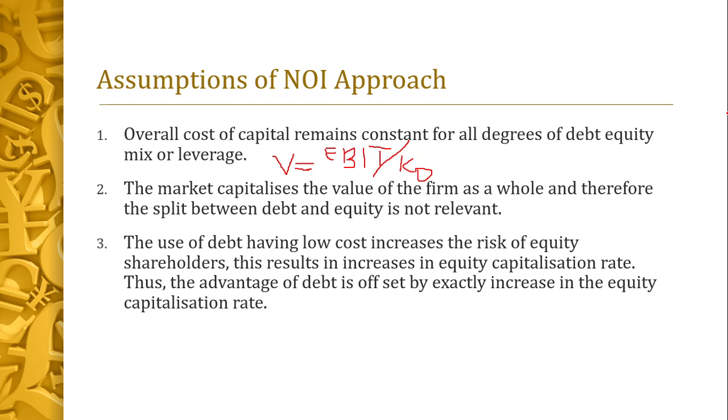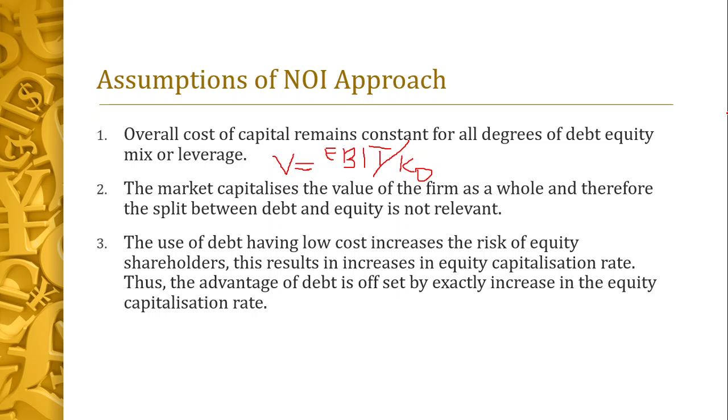When that happens, they tend to ask more in the form of return. It is nothing but what is called the equity capitalization rate. And as a result of all these things, the advantage of debt would be offset exactly to the point where it increases the equity capitalization rate.